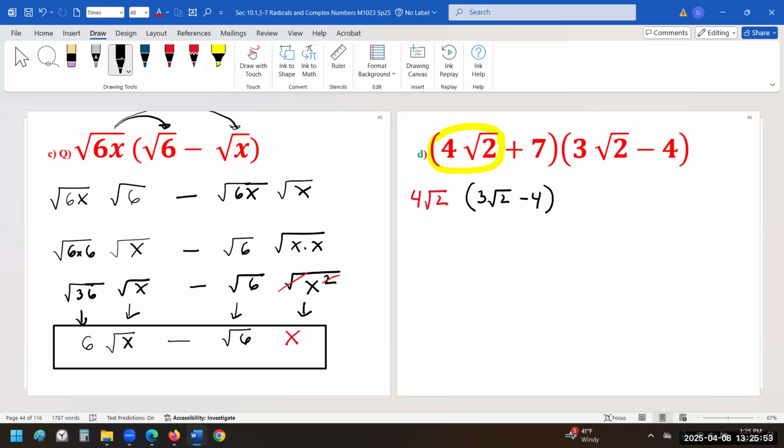I'm not done. So you split them. First, I took one of them and multiplied the entire second one. Then you take the second element and you multiply the entire second binomial. So plus 7 times 3 square root of 2 minus 4. So it's exactly the same as the left page, but you have to do it twice.